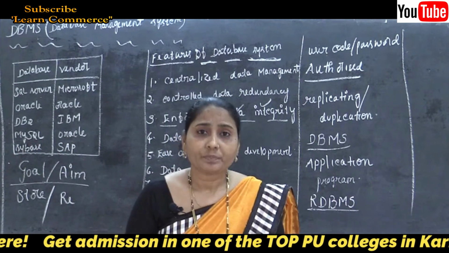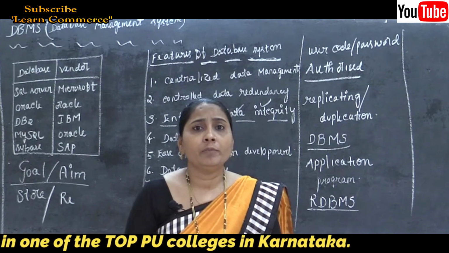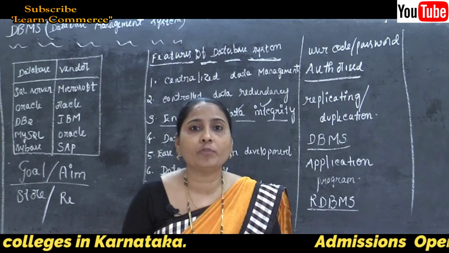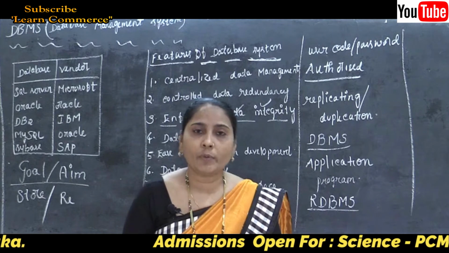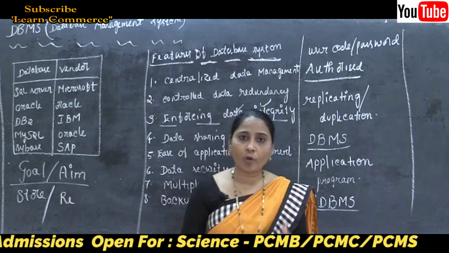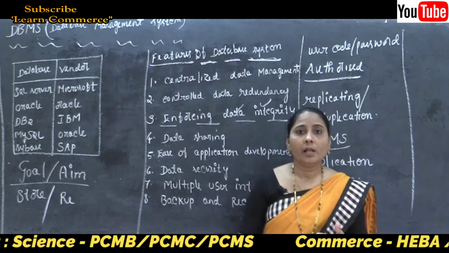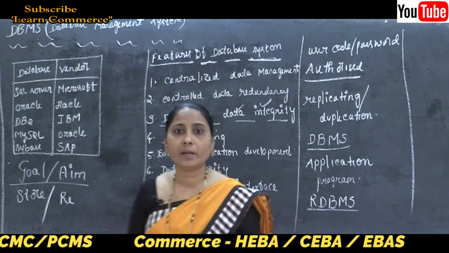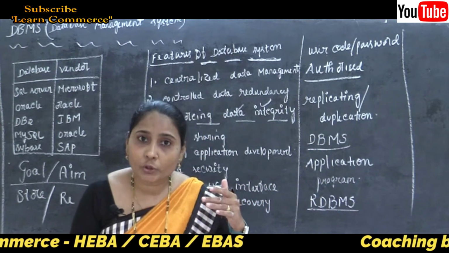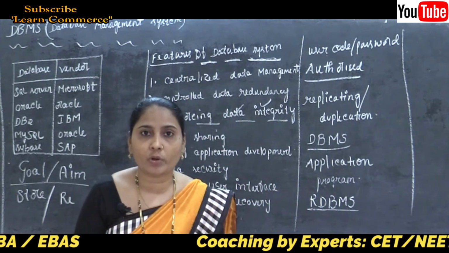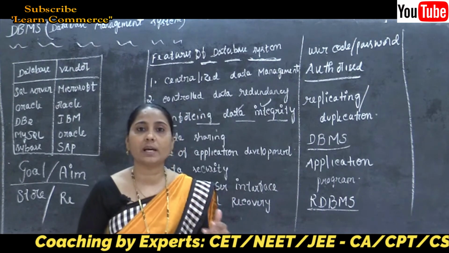We know that in order to meet the needs of the various users, why? Because whatever their requirement is, the application programmer should develop the application program according to the user needs.